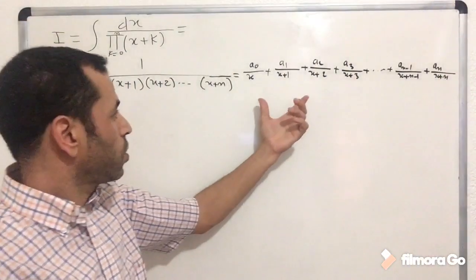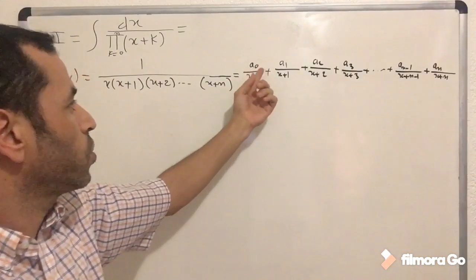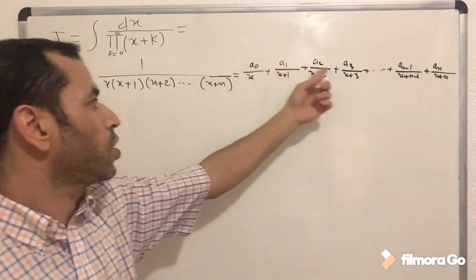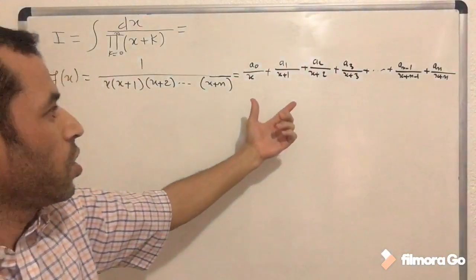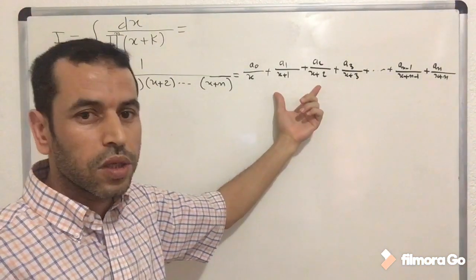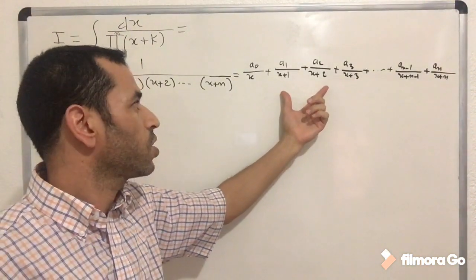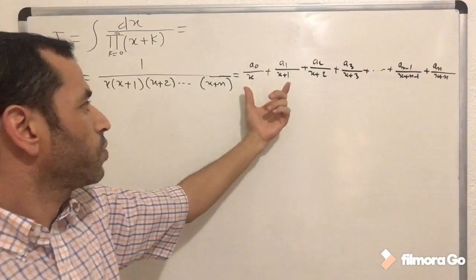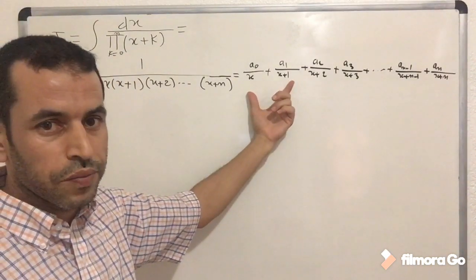So finding these terms a0, a1, up to an seems hard, but in fact it's not hard, because we have just simple fractions.